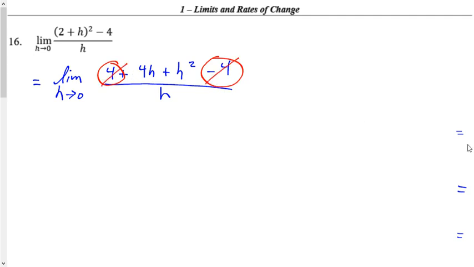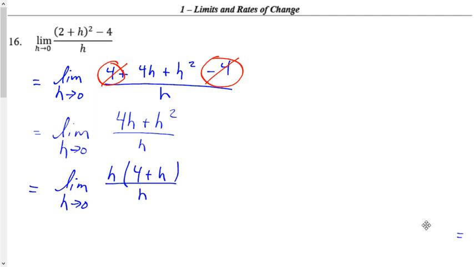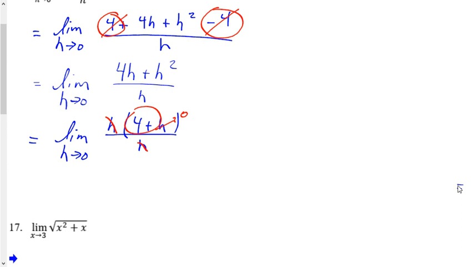Then we can pull out that common factor of h and then cancel it out. So these h's will cancel out. This h will go to 0, leaving me just with that 4 as being the value for my function, or the value for the limit, that I should say.